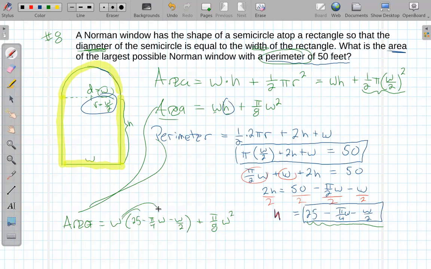Distribute the W, clean this up before the derivative. All right, what do we get? We get 25W minus pi over 4 W squared minus W times W, another W squared over 2, plus our pi over 8 W squared. And maybe it's time to factor out that W squared and combine like terms there.